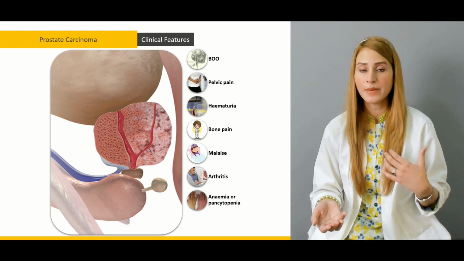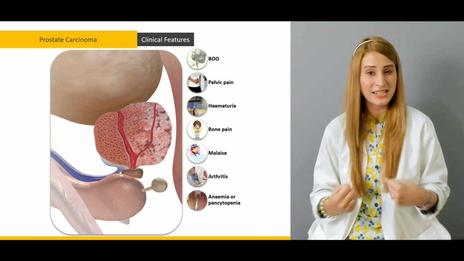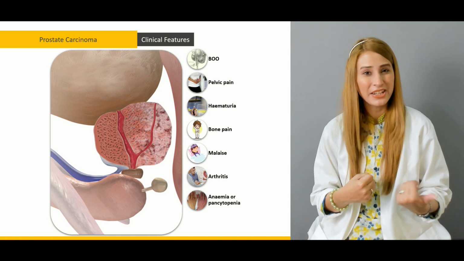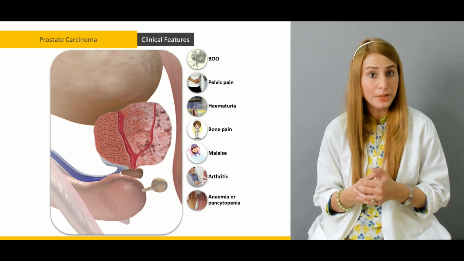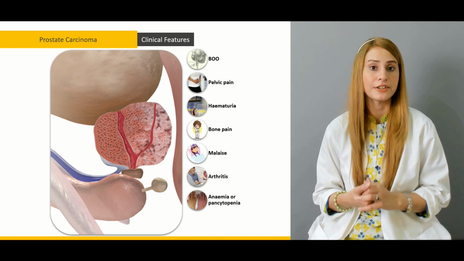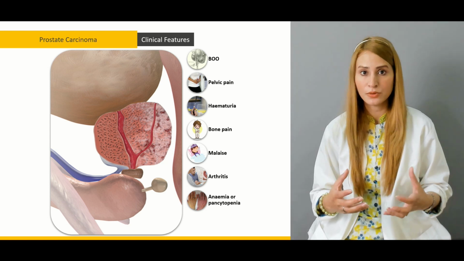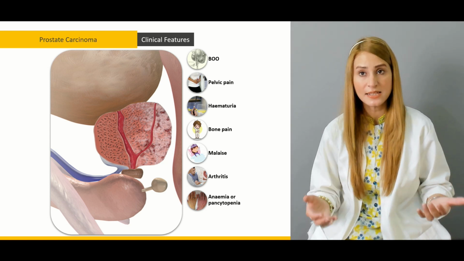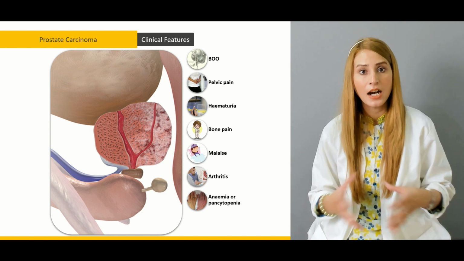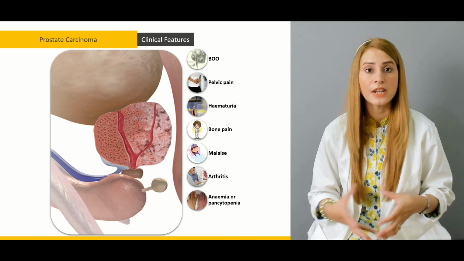And whenever the bone marrow is metastasized with the malignant cells, the normal cells are replaced, and because of that, the process of erythropoiesis is affected. But there is another reason for the anemia, because we know that prostatic cancer ultimately leads to obstructive uropathy and obstructive nephropathy.